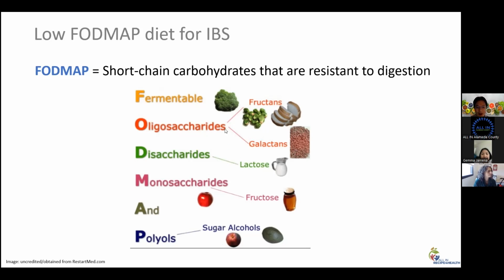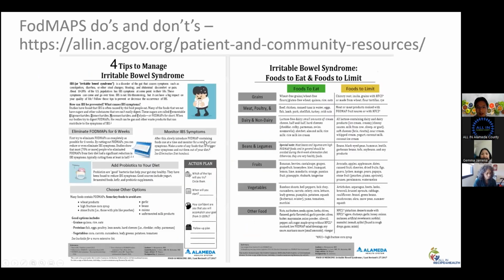The idea here is, wait, didn't Dr. Chen and Dr. Miller just say eat a lot of veggies? Well, for some patients, and this is where we get nuanced and refined with IBS, some of those things don't help, right? And so then the question is, you have to navigate that. And this is on our website.